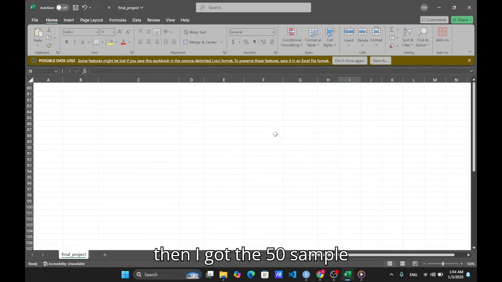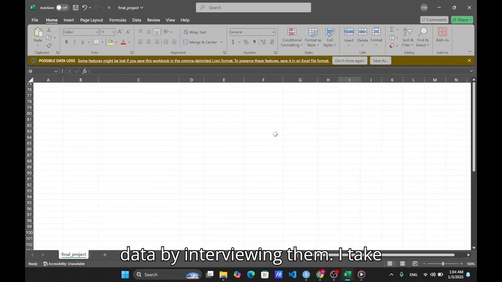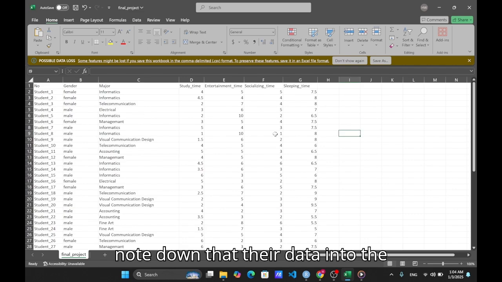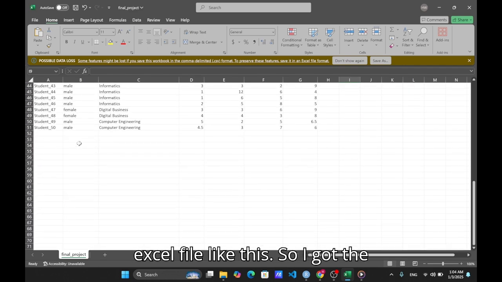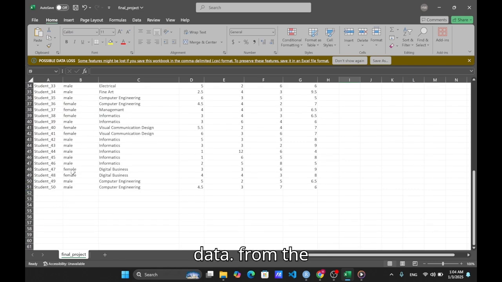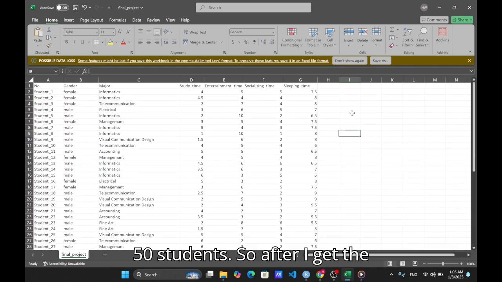I got 50 sample data points by interviewing them. I noted their data down in an Excel file like this. So I got the data from 50 students. After that, I'm going to do the analysis using RStudio code.